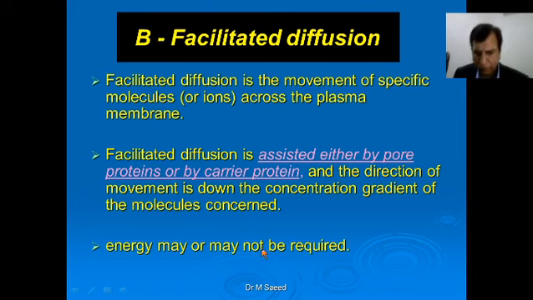Energy may or may not be required. I will tell you later with a slide the difference between simple diffusion and facilitated diffusion. So simply, as the name shows, it is being facilitated by either pore proteins or carrier proteins.